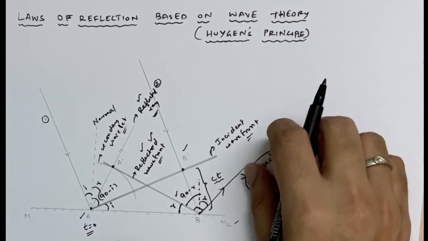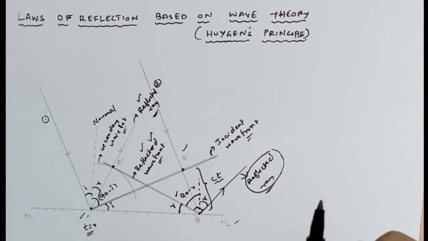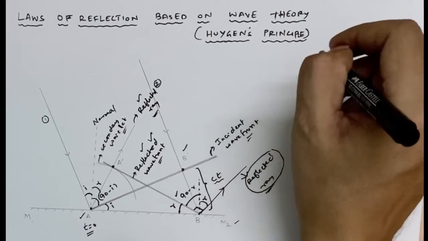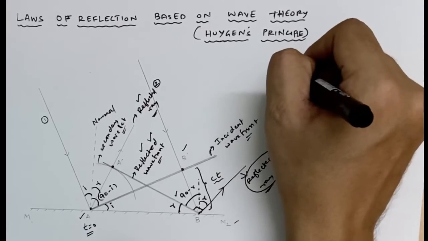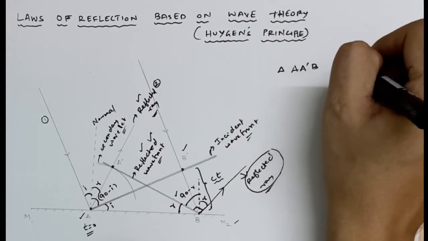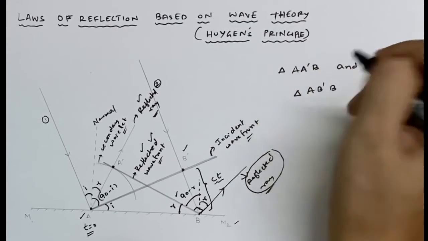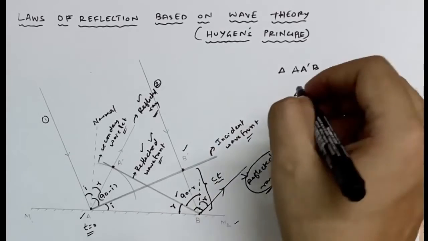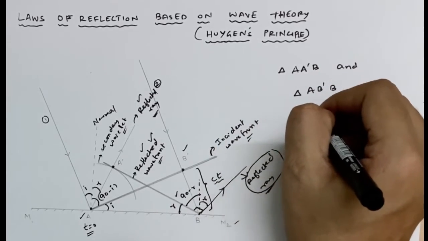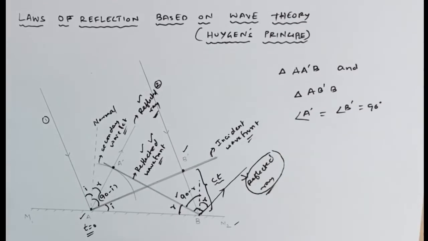Our work is to prove that angle I is equal to angle R. For that we will take the help of geometry. If you observe, there are two triangles which we can consider: triangle A-B-B dash and triangle A-B-A dash. In these, angle A dash is equal to angle B dash is equal to 90 degrees.